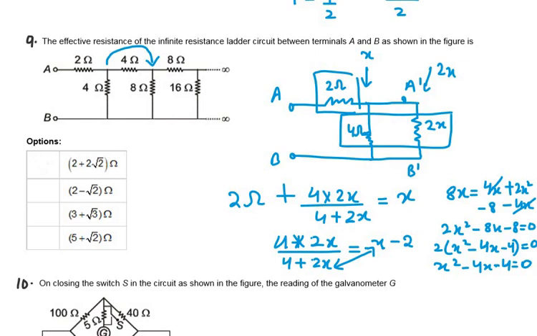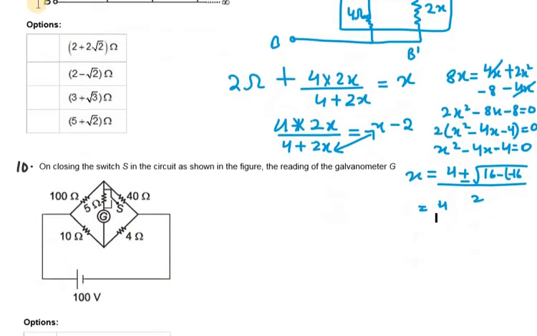So using the quadratic formula we get x equals minus b, minus minus is 4, plus minus under root b square minus 4ac. So it will be 16 plus 16. So it will be positive 32 over 2. So we get 4 plus minus under root 32.